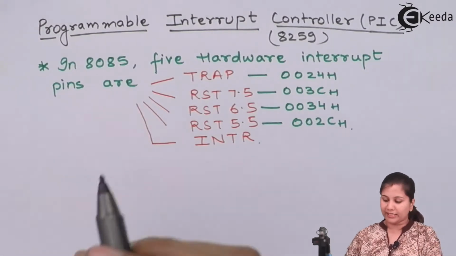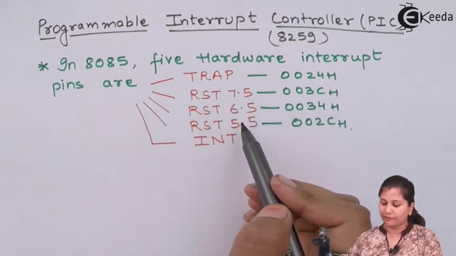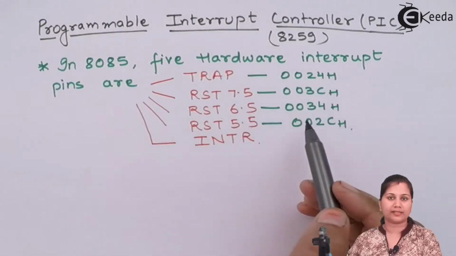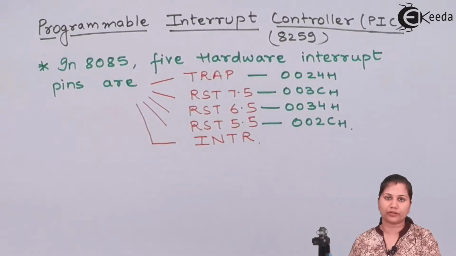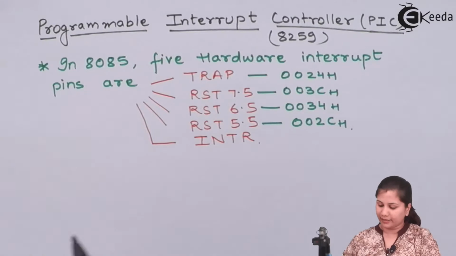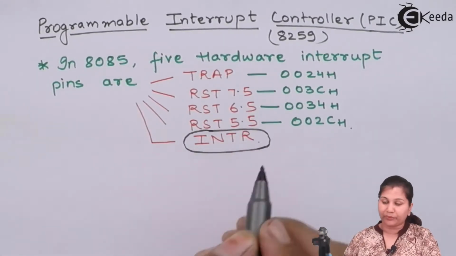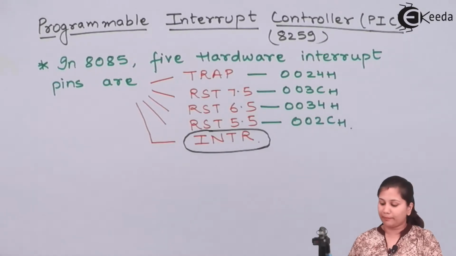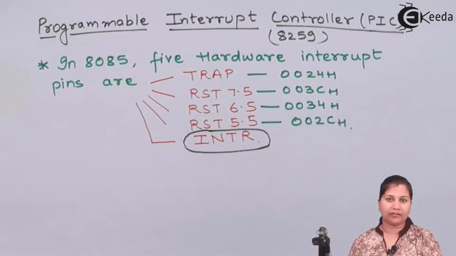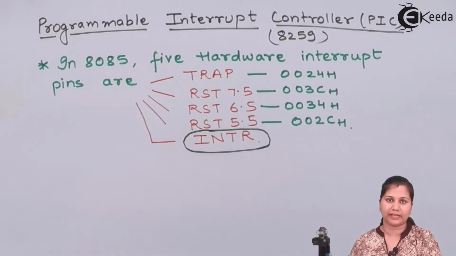So we can say that out of these 5 hardware interrupt pins, 4 have addresses for their interrupt service routine, whereas this INTR interrupt is a non-vectored interrupt. Non-vectored because its vector address for the interrupt service routine is not known to the 8085 microprocessor.